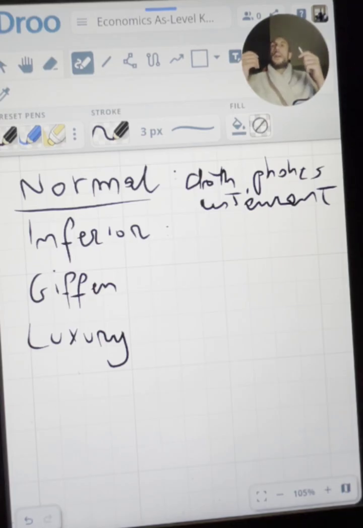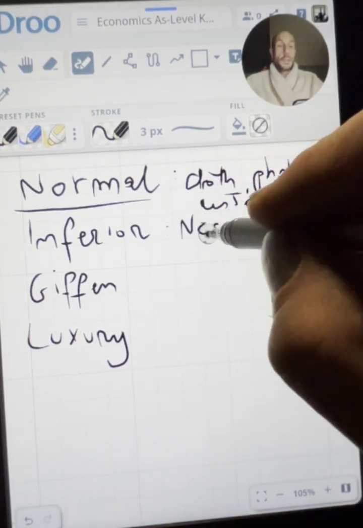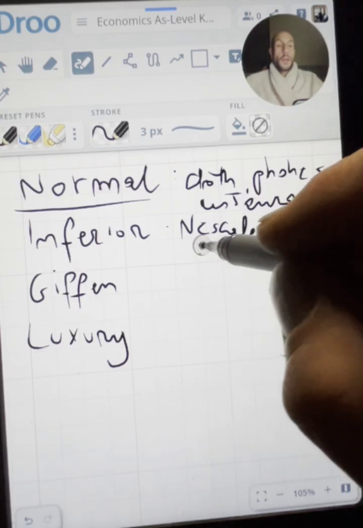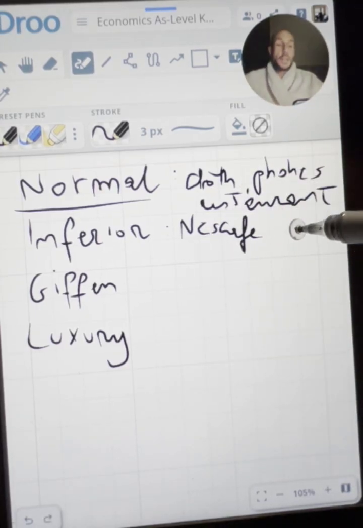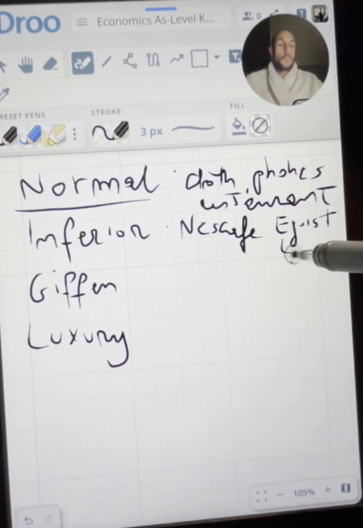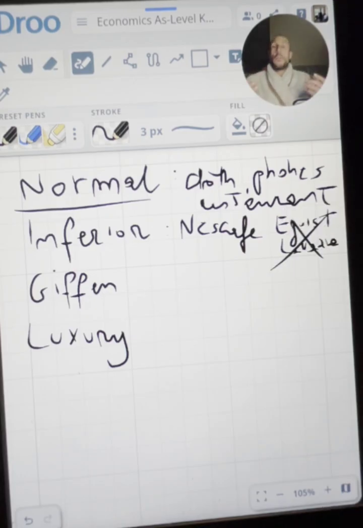Okay, well, you may have experience of living on a budget. When you want coffee but you don't have enough money to buy Egoist or Lavazza, which are coffee brands, but you still want coffee, you substitute them with Nescafe, which is an inferior good, costing roughly 100 rubles instead of 1,000.